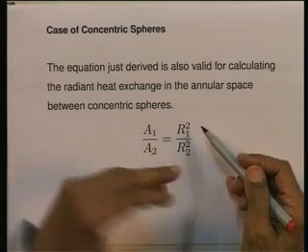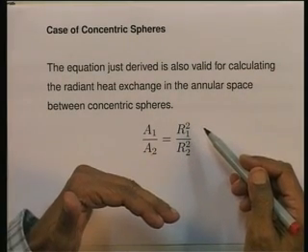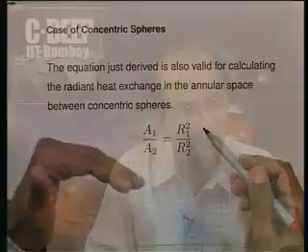Now, if I proceed to derive an expression for the heat exchange between the two surfaces and derive an expression for Q1 or Q2, you will agree with me that since F1 to 2 is 1 and F2 to 1 is A1 upon A2, I am going to get exactly the same expression that we derived earlier.